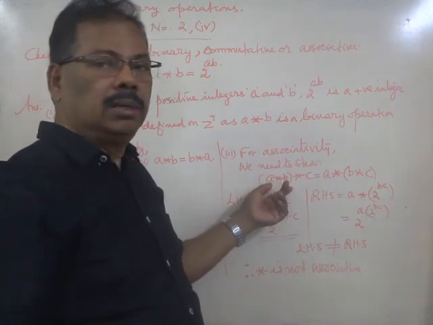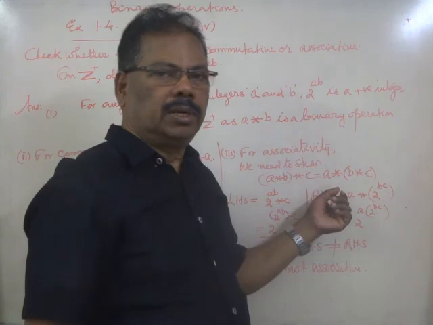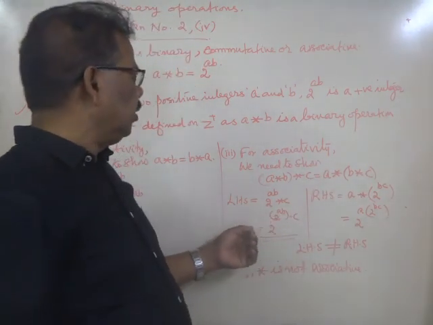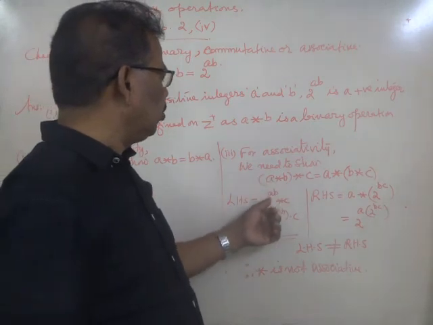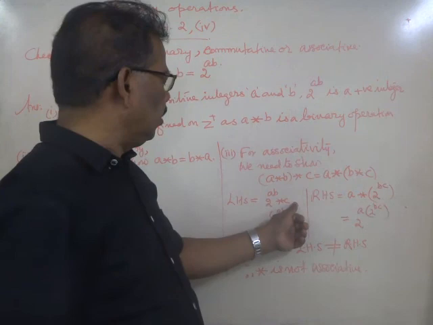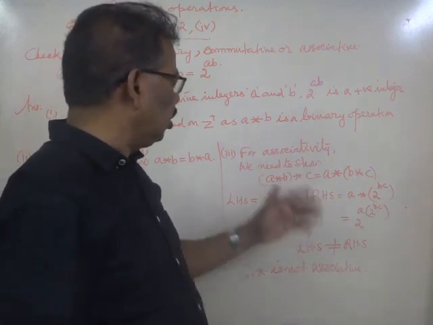For associativity, we need to show for three elements a, b and c, (a star b) star c must be equal to a star (b star c). Considering the left hand side, a star b is 2 raised to ab and star c will be 2 raised to ab into c.